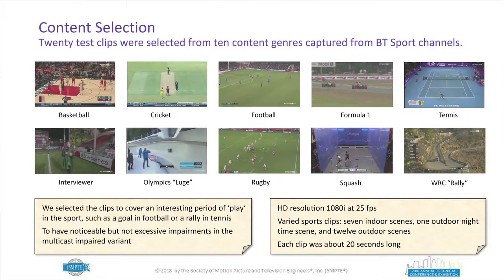And then once we're happy with that level of packet loss, there's some action there. We pick the representative unimpaired clip, and then we iterate through that process again and again until we have 20 source clips. It's sort of tedious, but it works.